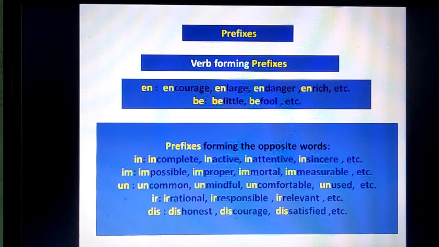Ir: irrelevant, etc. Dis: dishonest, discouraged, dissatisfied. Okay, these are all prefixes making opposite words: in, im, un, ir, dis.